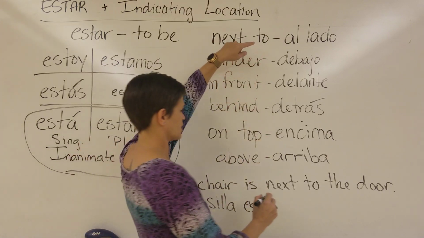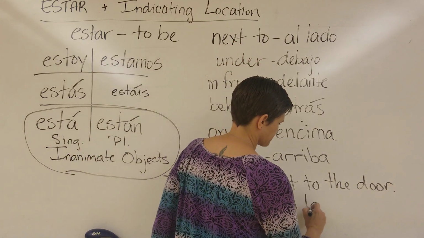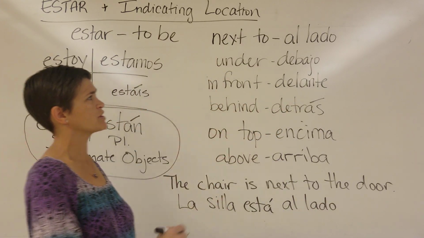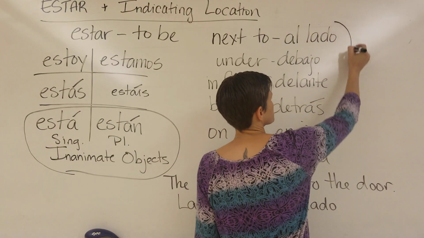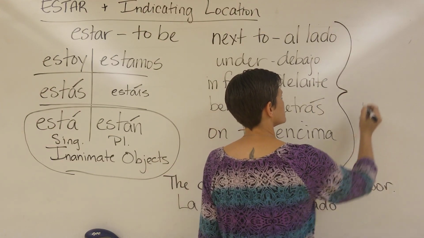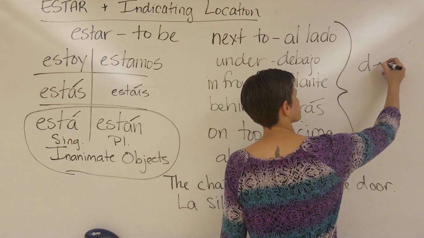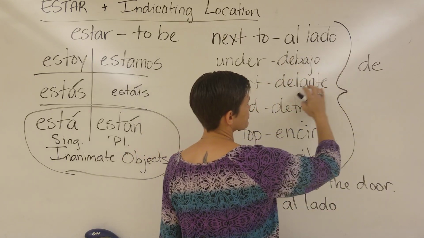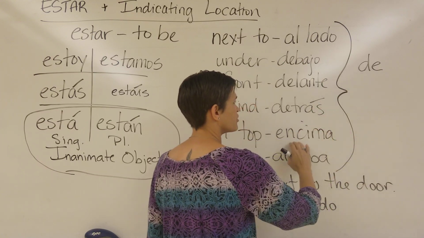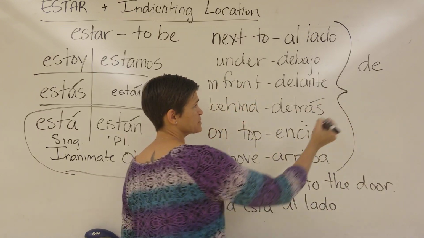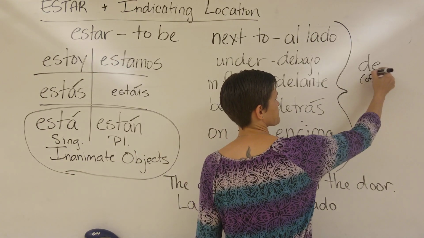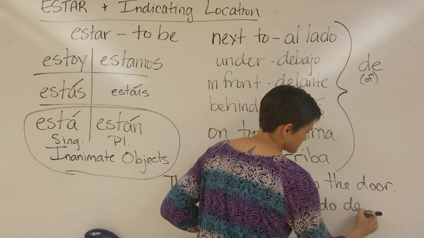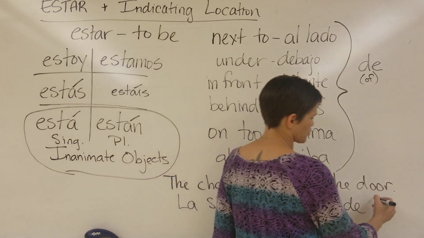Next to is al lado. And then all of these directional words are all going to be followed by the word de. It's on the side of, under of, in front of, in back of, on top of. De means of. So we'll put de, al lado de. And then the door is la puerta.